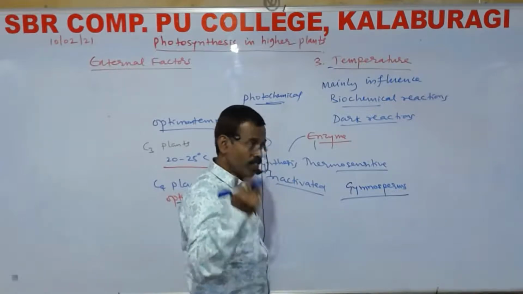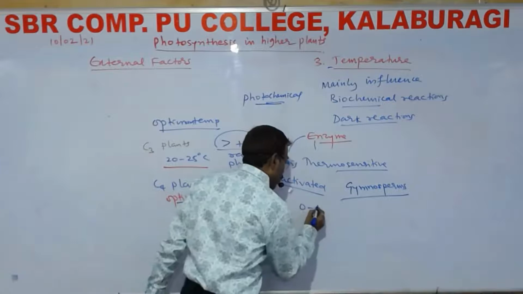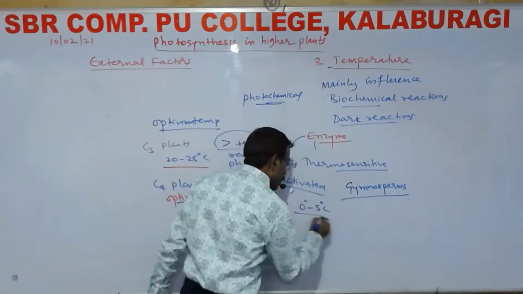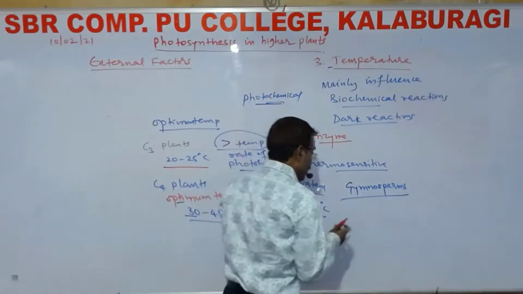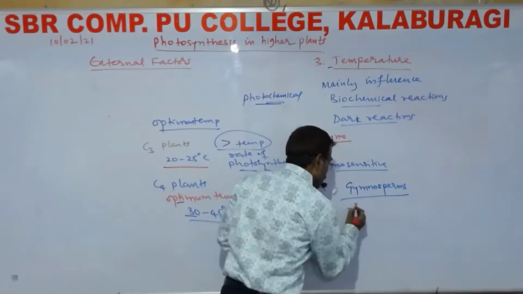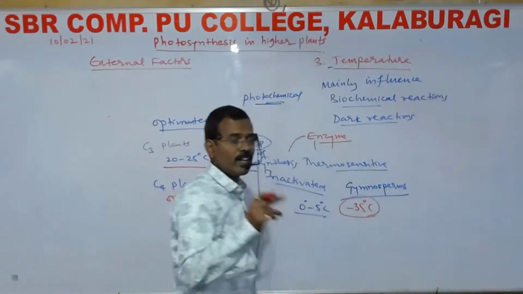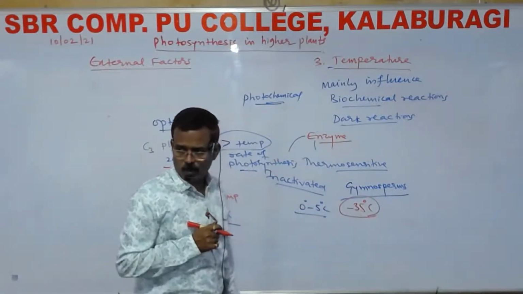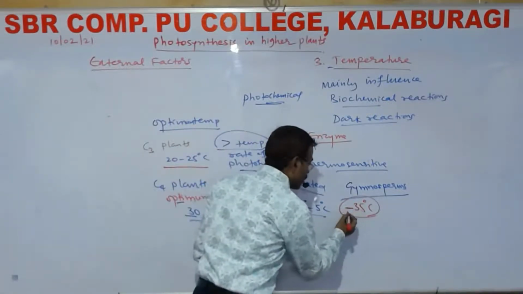Such coniferous trees, gymnosperms, are usually capable of performing photosynthesis in the range of 0 to 5 degrees. Sometimes certain gymnosperms can even carry out photosynthesis at -35 degrees Celsius.